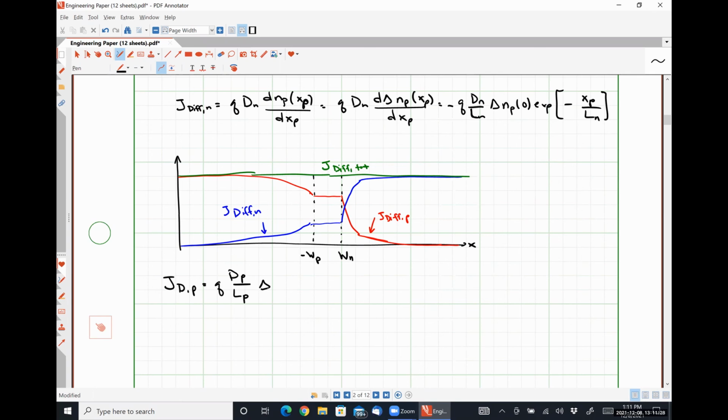Delta Pn at 0 is Q dP over LP, Pn of 0 minus Pn naught, which is Q dP over LP Pn naught exp q v bias over kBT minus Pn naught.